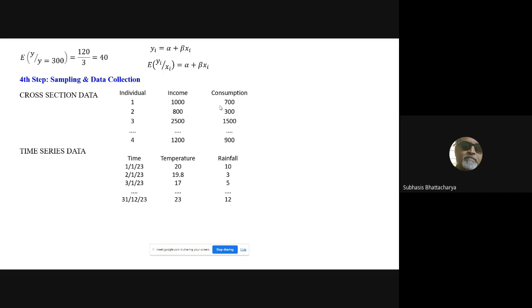So suppose it is from 1st January to 31st December. That means you get 365 data points. And we consider the variation over the time periods, but no variation across entities. Such data may be for an individual or for a state or for a country over some specific periods. That is the time series data.